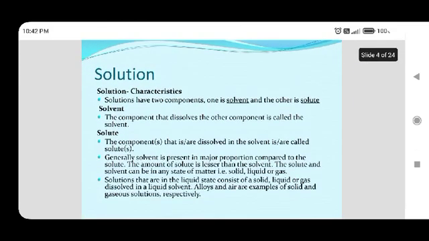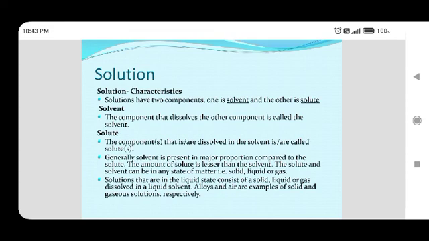Here we have solution in terms of different characteristics. A solution has two components, one is solvent and the other is solute. That is one of the characteristics. The component that dissolves the other component is called the solvent. The component that is dissolved in the solvent is called the solute. Generally, solvent is present in major proportion compared to the solute.